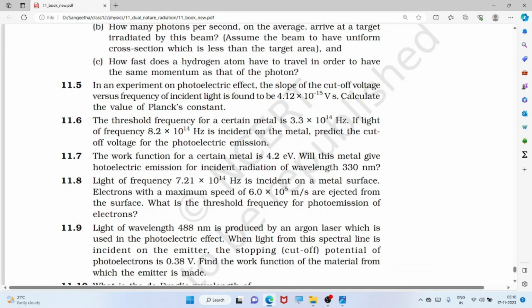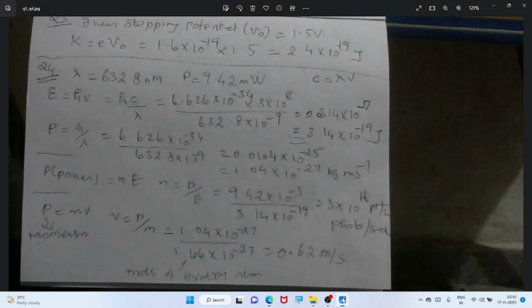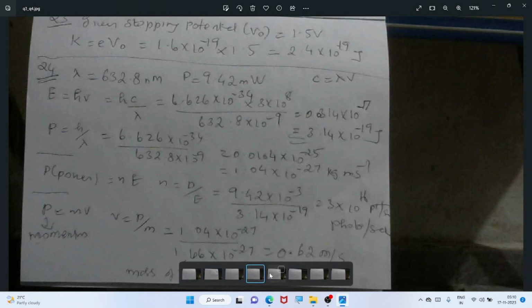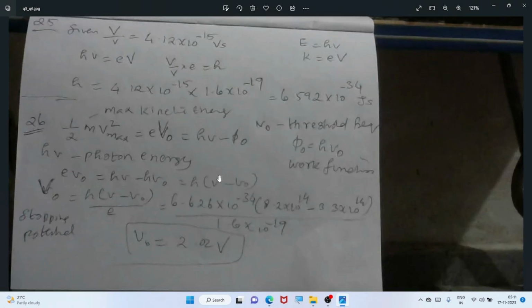In a photoelectric effect experiment, the slope of the cutoff voltage, that is the stopping potential, versus frequency, V naught by V, the slope is given. Calculate the value of Planck's constant. This is the stopping potential over the frequency they are given, that is the slope.